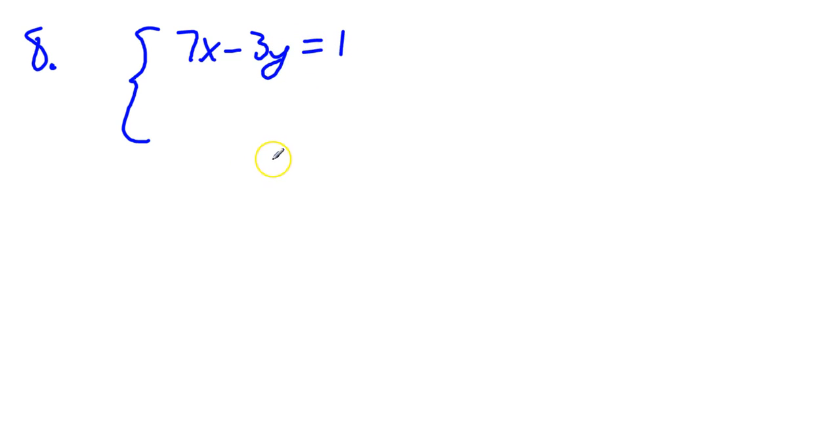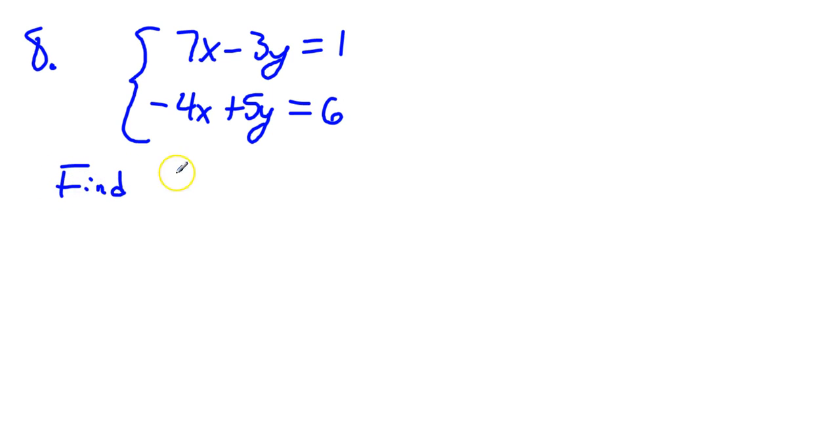Back to systems here. You've got 7x minus 3y equals 1, -4x plus 5y equals 6, and they're going to ask you to find the solutions.